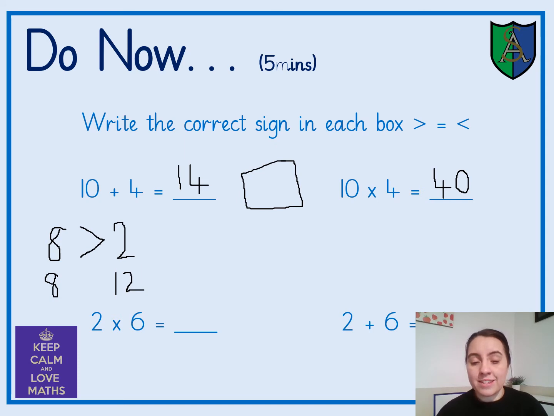So the direction of the symbol would be the other way round, because look again, that open side is always pointing in the direction of the biggest number, okay? So bearing this in mind, I want you to think about now, is 14 more than, less than, or equal to the number 40, okay? And you can go ahead and pop that symbol in now.